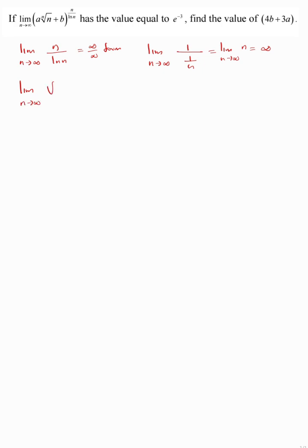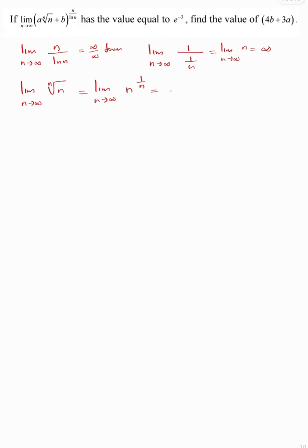This one we need to find separately. Which one? Nth root of n. To find this, let me write it as n raised to 1 by n. Now if I apply the limit, infinity raised to 1 by infinity, which tends to 0, so it is infinity raised to 0 form. Then what should I do? I should apply logarithm.